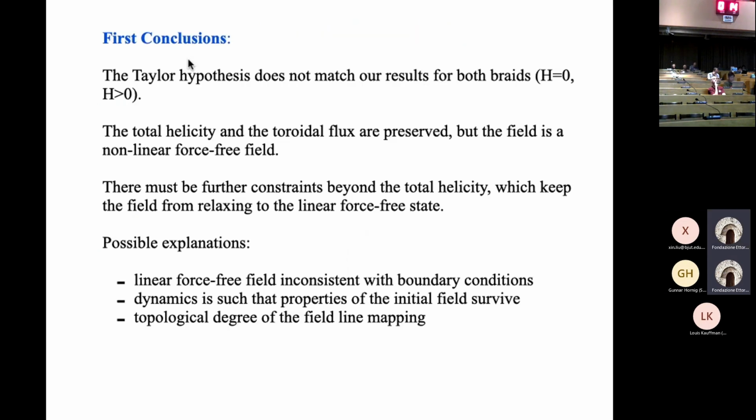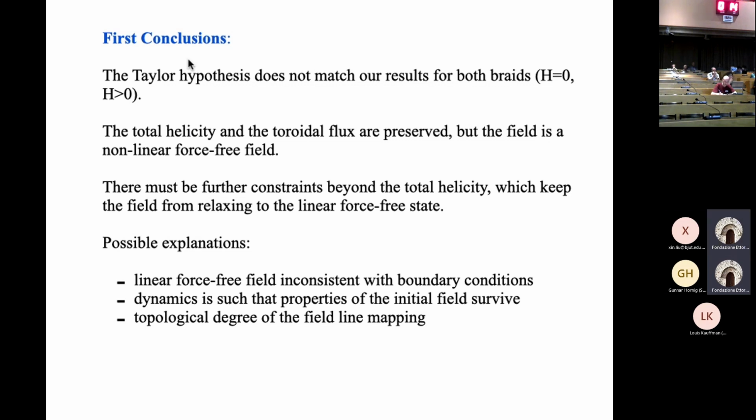Right, so first conclusions: the Taylor hypothesis does not match our results, and the total helicity and the toroidal flux are preserved, so that is correct, but the field is a non-linear force-free field. And so we are looking for further constraints which guide this relaxation process.